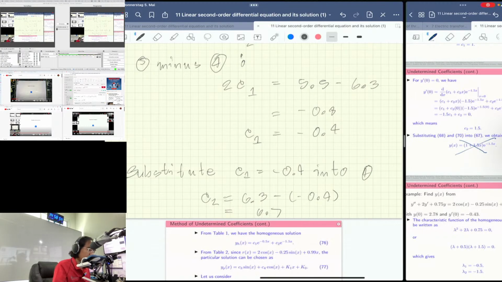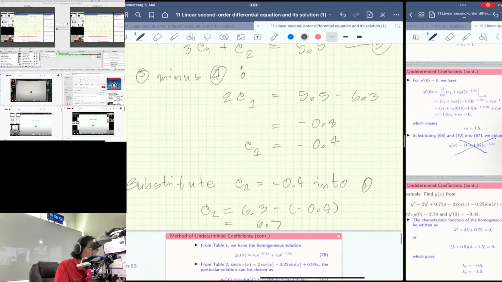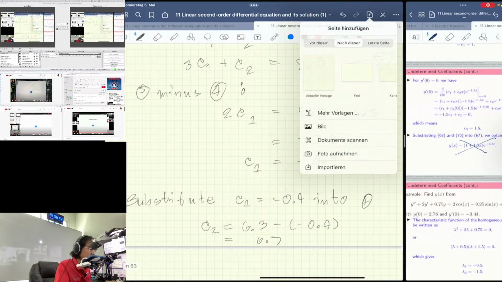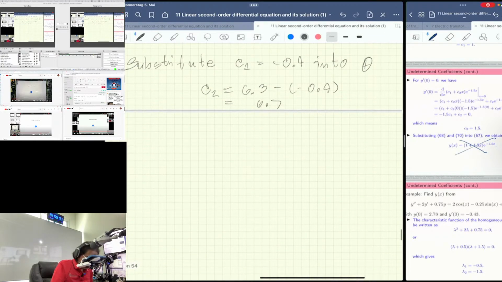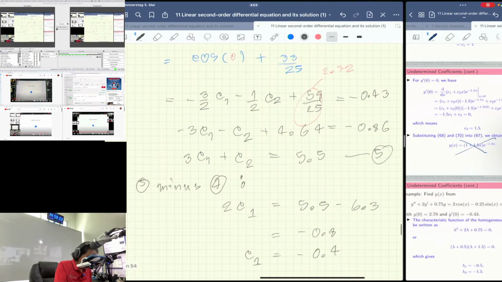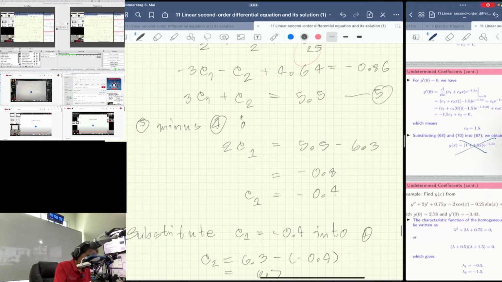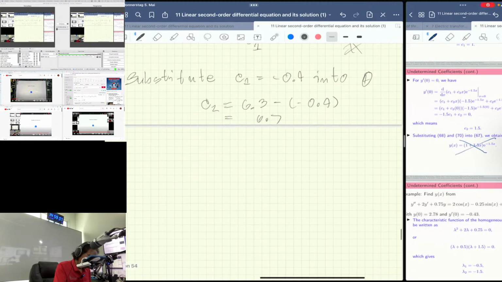All right. Now you have got the C1 and C2, the constants C1 and C2.